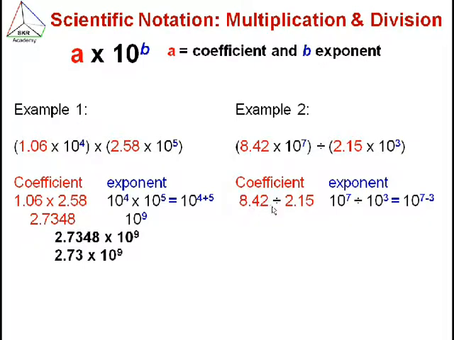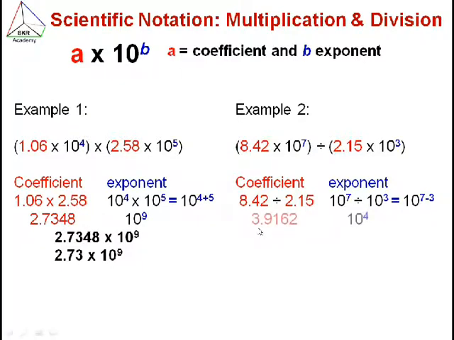So 8.42 divided by 2.15, and 10 raised to the power 7 divided by 10 raised to the power 3. When we divide powers of 10, the powers get subtracted. So in multiplication we add, and in division we subtract these powers.